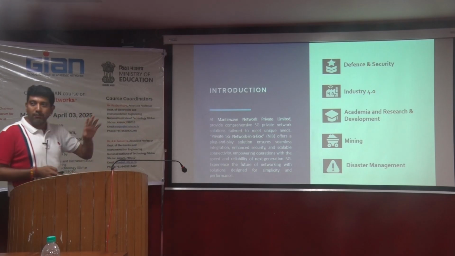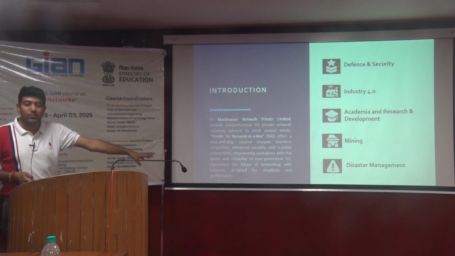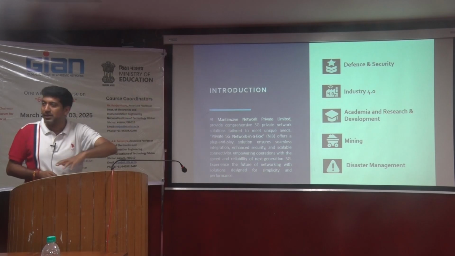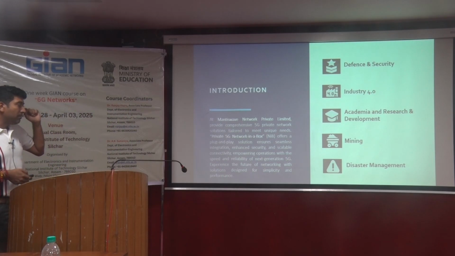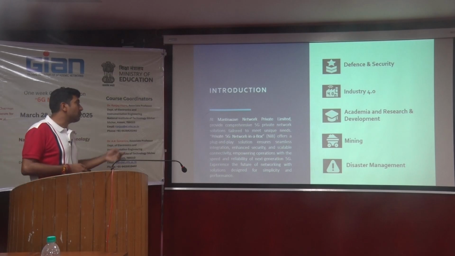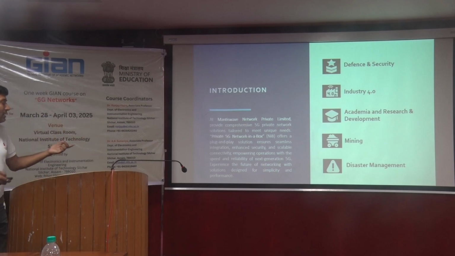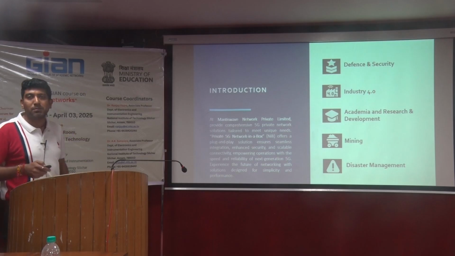Now here what we are going to show you on Thursday, we have a 5G network in box, which is also known as a NIB. Mantis Wave is the company which has given it to us. We have purchased it from there, and the best possible utility of this 5G network box is it gives us seamless integration, enhanced security, scalable connectivity, empowering operations along with speed and reliability.